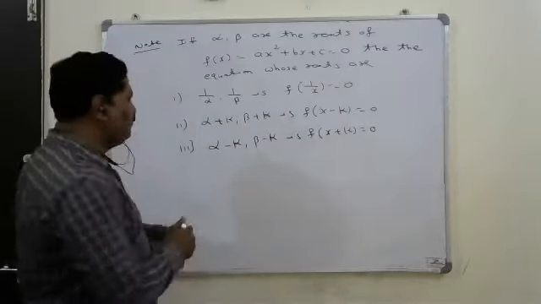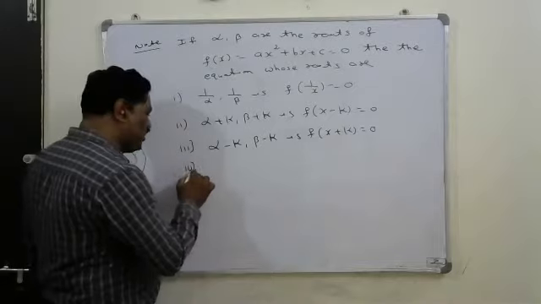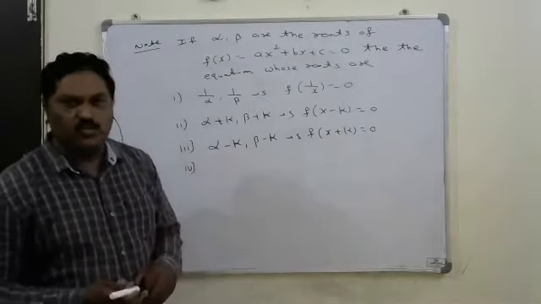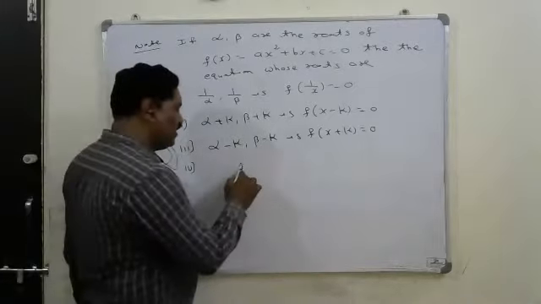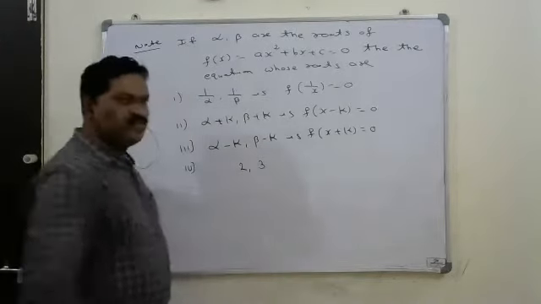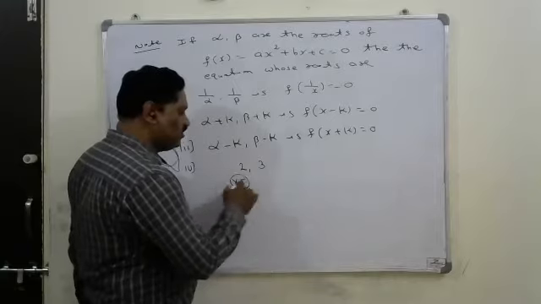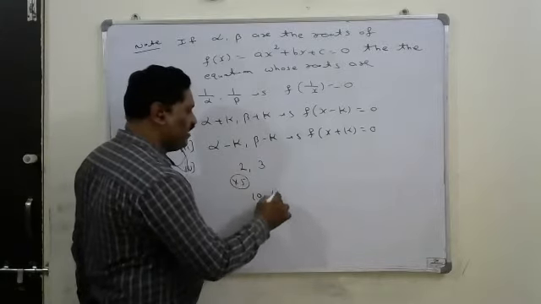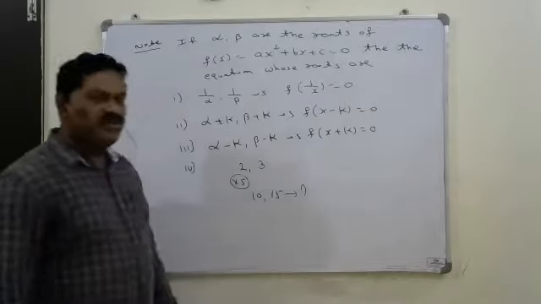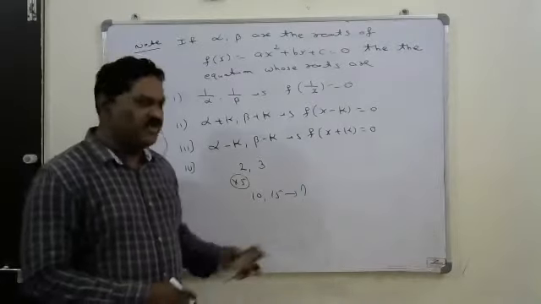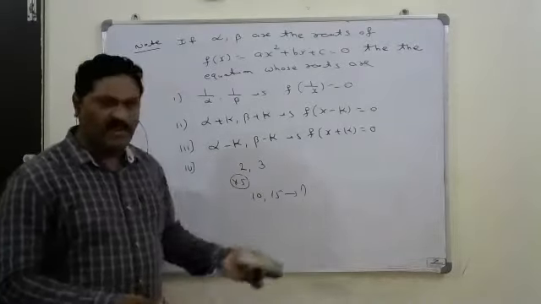Okay. Similarly, suppose each root is multiplied by k, that is, suppose 2 comma 3 are the roots of a particular equation. If you multiply this by 5, let us assume that, then what is the equation whose roots are 10 comma 15? What is the equation whose roots are 10 comma 15, means each root is multiplied by 5.